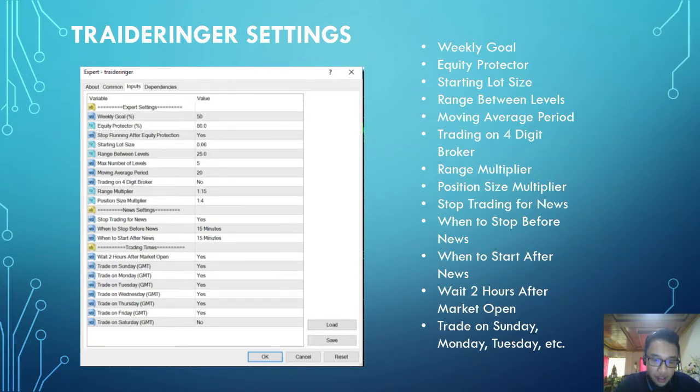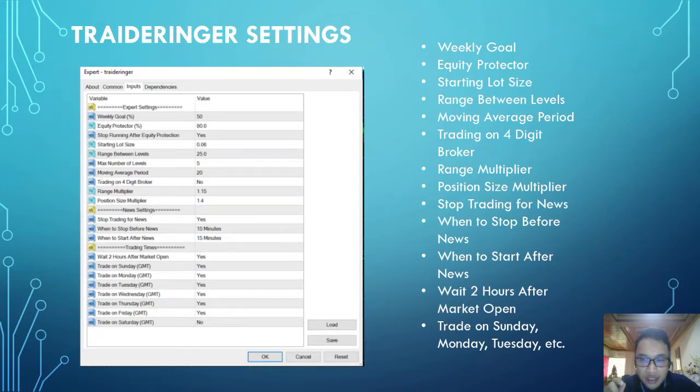So if you are starting with 0.06 and you have a drawdown of 25 pips, the next order would be 0.06 times 1.4, so the next order would be 0.08. That's how position size multiplier works. But I'm going to be sharing more regarding that because those multipliers are really important, so that you will understand.